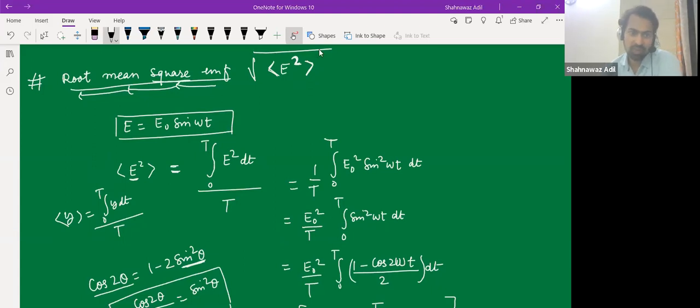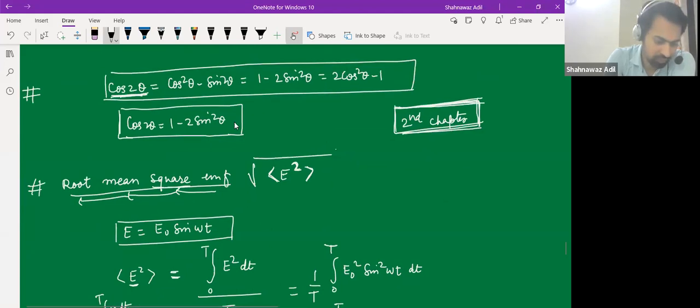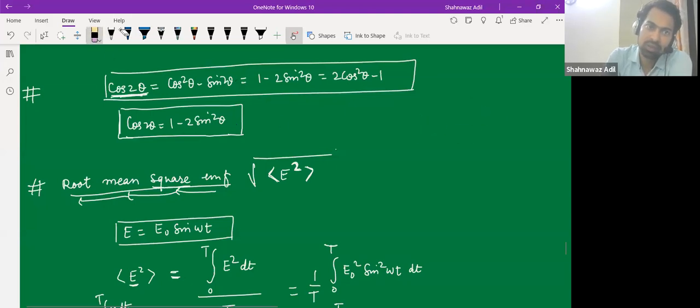Okay, so please note it down. This part is where you start noting down from here. So this is ER.